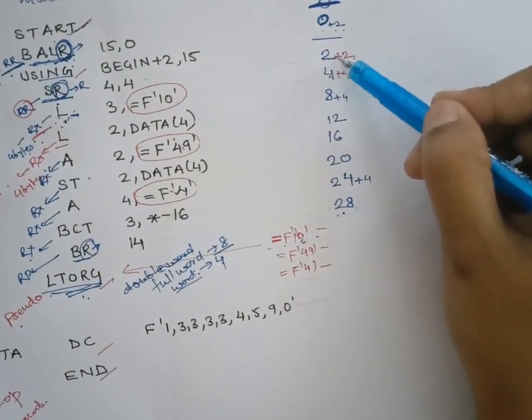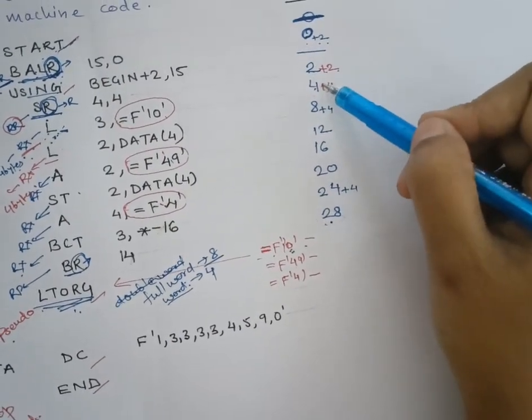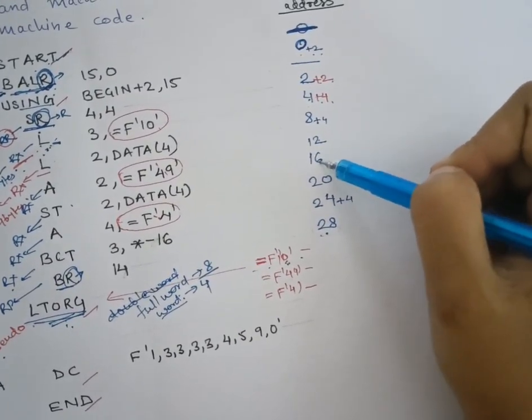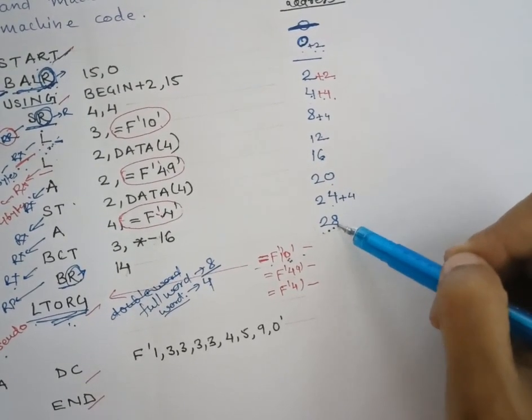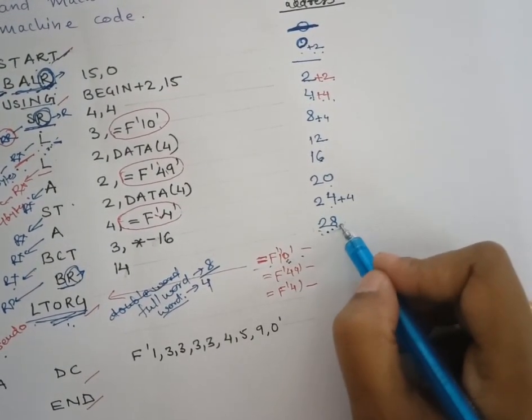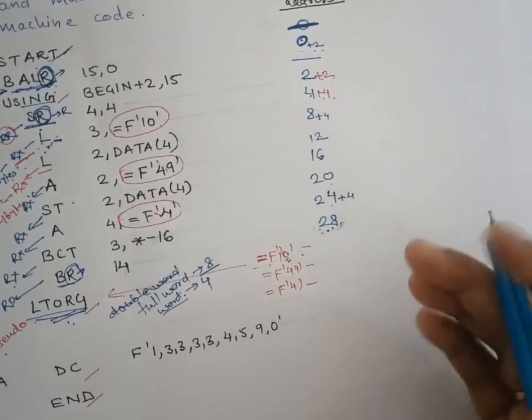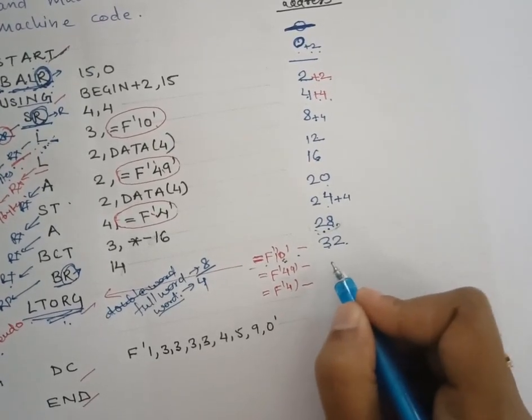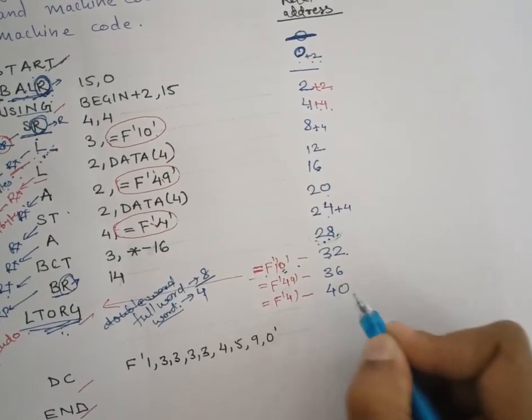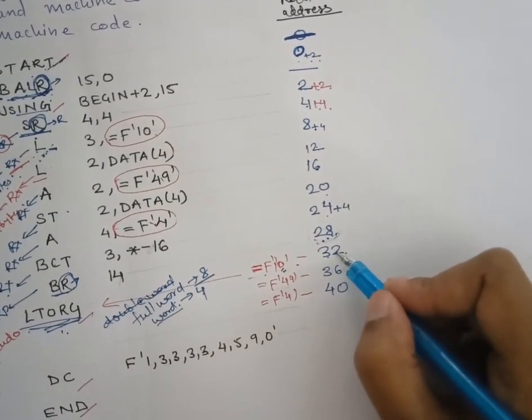So here we are having 4, 8, 12, 16, 20, 24, 28. Here we can see this is the full word having the table of 4. So here we can easily put the 32, then 36 and the 40. So we are having the full word here.